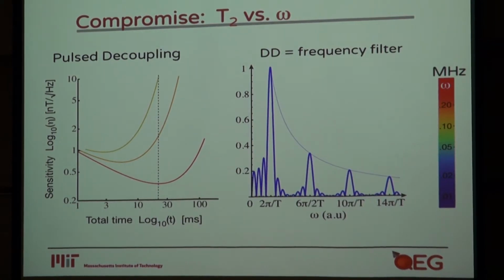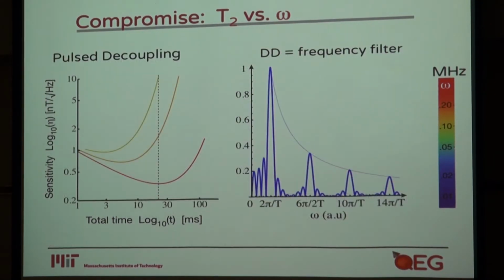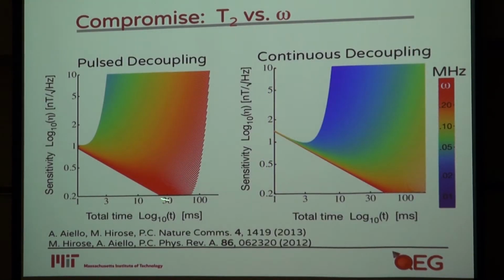And so we are gaining information not only on the field strength, but also on its dynamics, its frequency content. And we can, of course, generate colorful plots which tell us the sensitivity for each particular pulse sequence. And again, they are color labeled by the particular frequency of the field to which we are optimally sensitive.